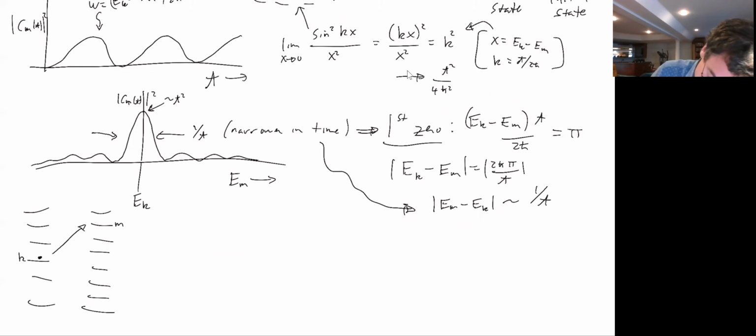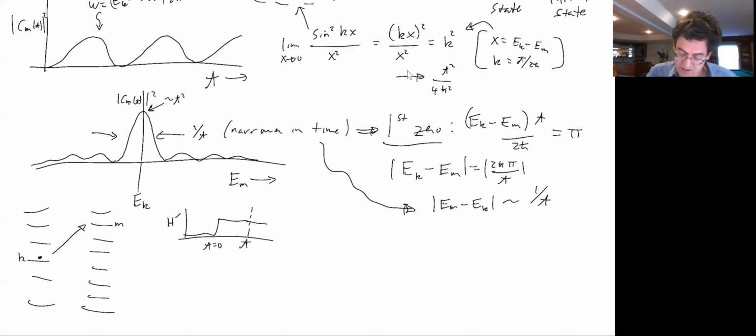And you know that if the h prime goes like this, turns on and off, turns on at 0 and turns off at some t, then you know that for short times, what happens is that you have a wide range of energies.